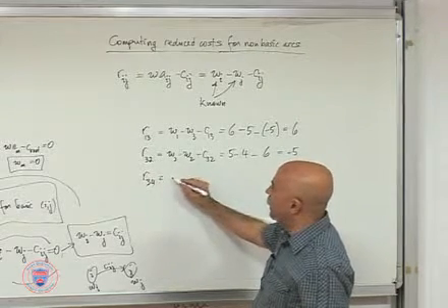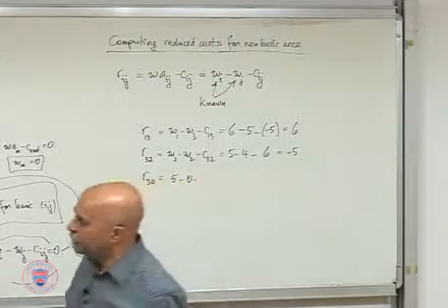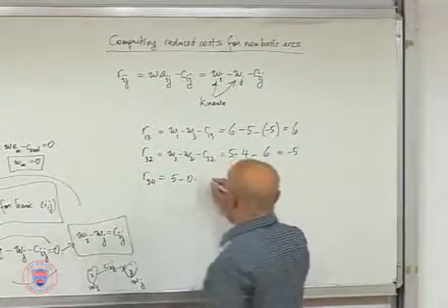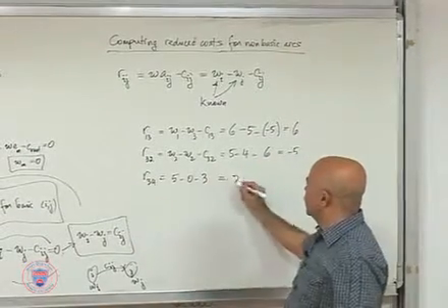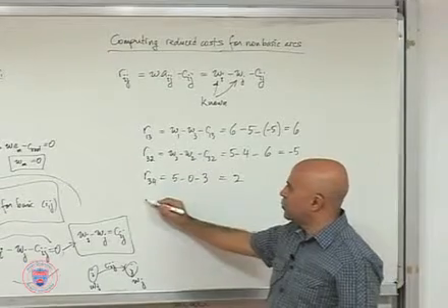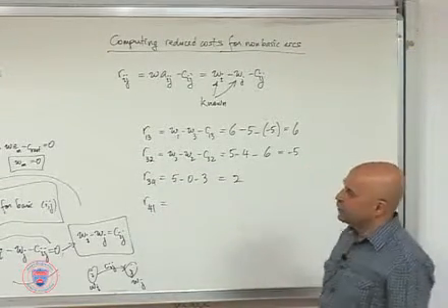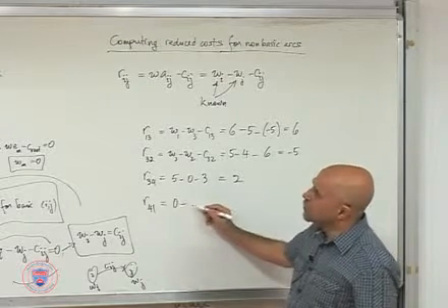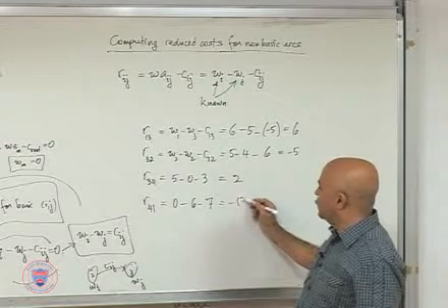That's going to be 5 minus 0 minus the cost of that particular one, 3, which is 2. And then we also have R41: 0 minus 6 minus 7, minus 13.